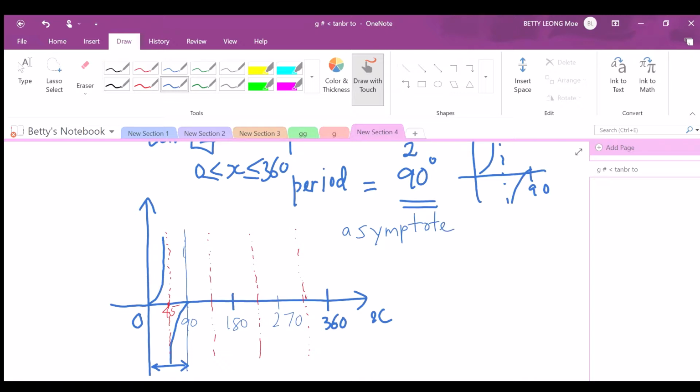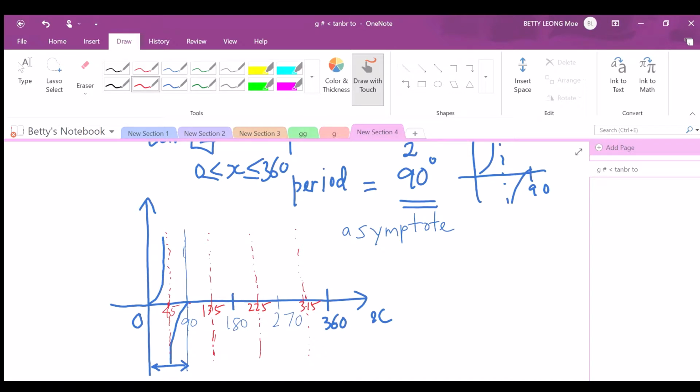Okay, the values: 90 plus 45 is 135 here. 180 plus 45 is 225. 270 plus 45 is 315. This is where the value is infinity. For tangent, 45, 135, 225, 315 are infinity.